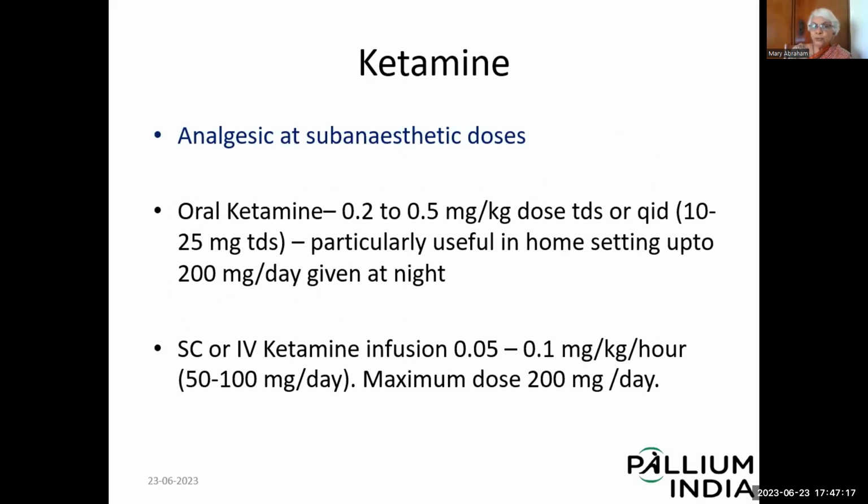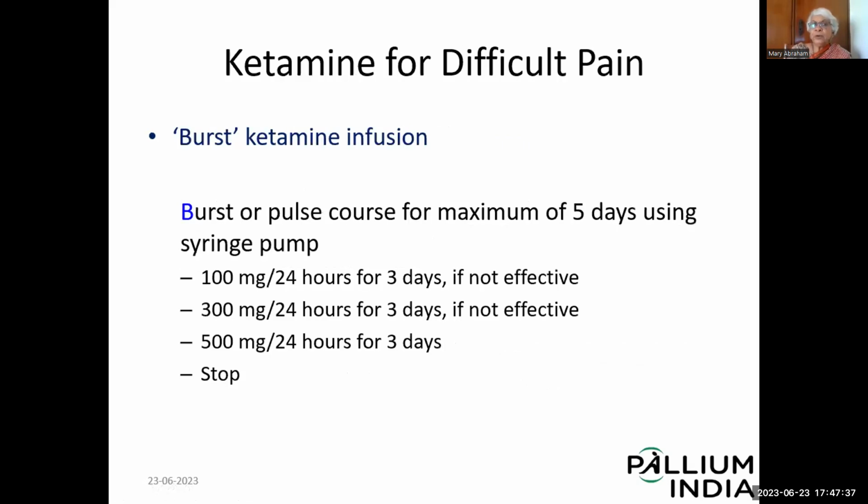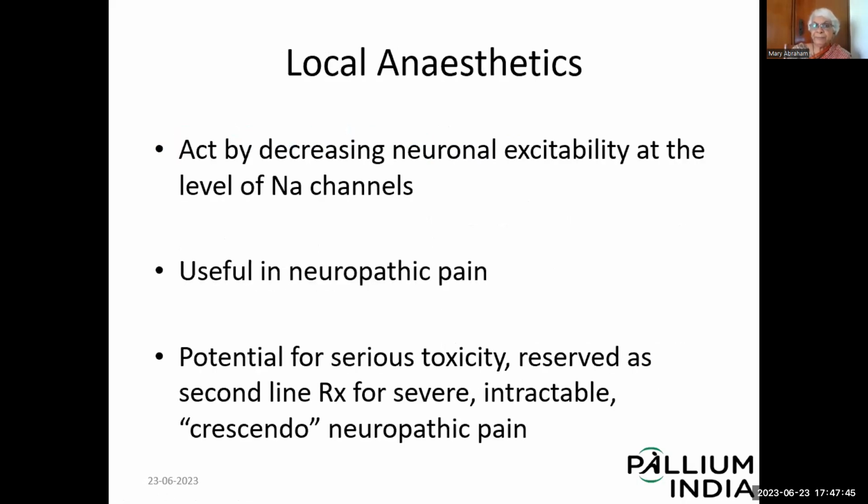In a low dose, like 0.2 to 0.5 milligram per kg, it has analgesic effects. It can also be given as a subcutaneous and intravenous infusion in a dose of 50 to 100 mg per day, maximum dose of 200 mg. In difficult or intractable pain, you can give what is called a burst ketamine infusion. I'll discuss that when we are discussing difficult pain.